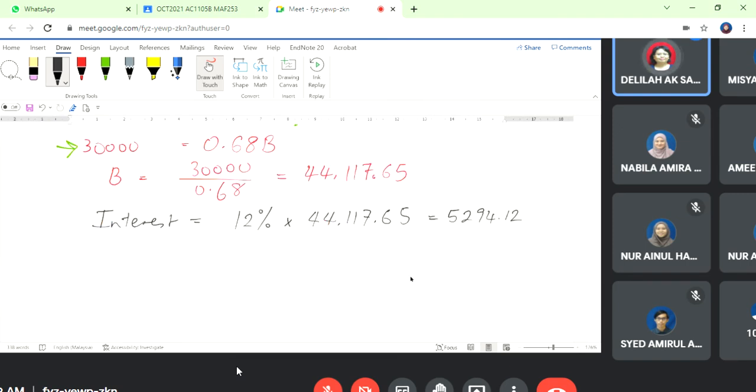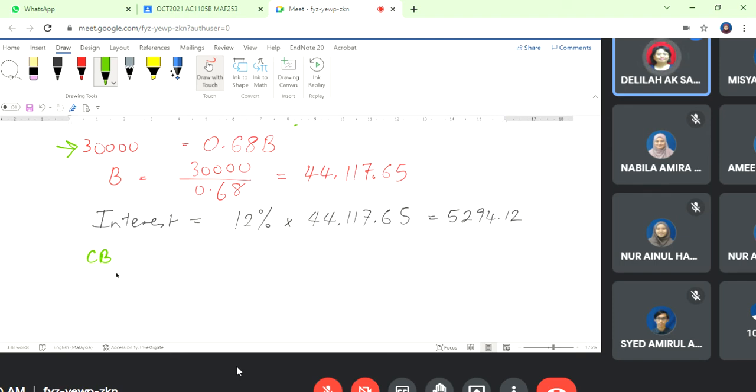So that's interest. Once you get the interest, okay, you can proceed to calculate the EAR. You can, as I mentioned earlier, for example, check compensating balance.